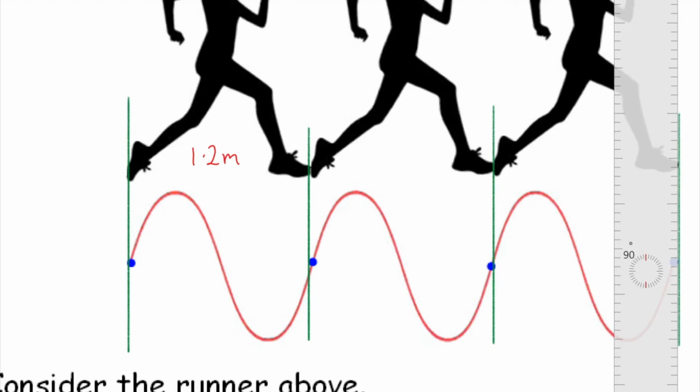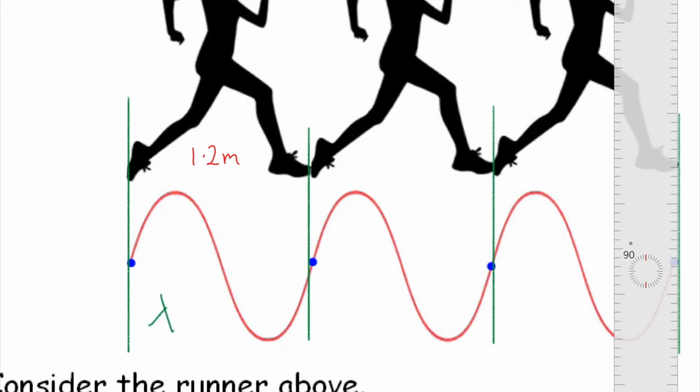Because the wavelength is the distance a wave travels in one cycle. That's why it's called the wavelength.